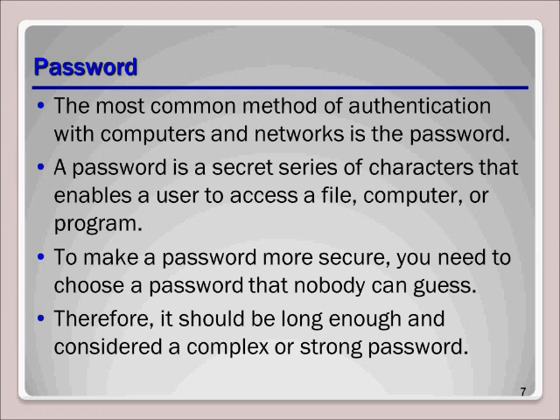The most common method of authentication with computers and networks is the password. A password is a secret series of characters that enables a user to access a file, computer, or program. To make a password more secure, you need to choose a password that nobody can guess. Therefore, it should be long enough and considered a complex or strong password.